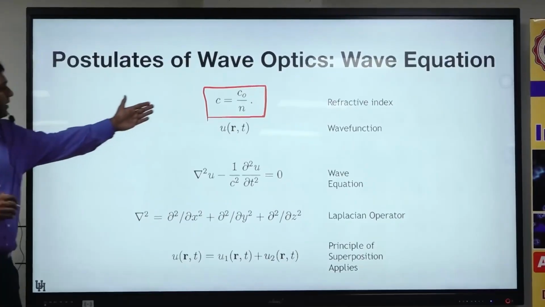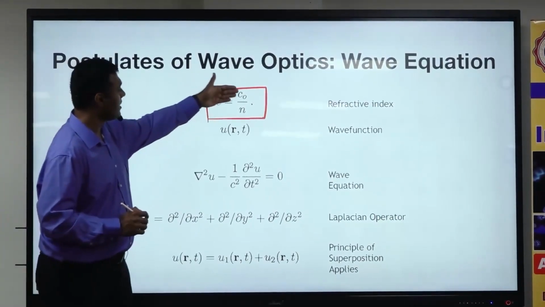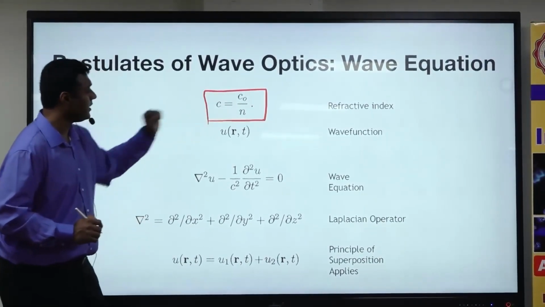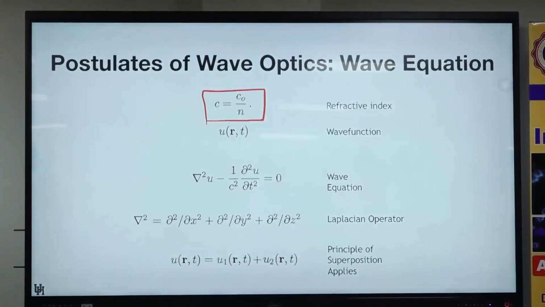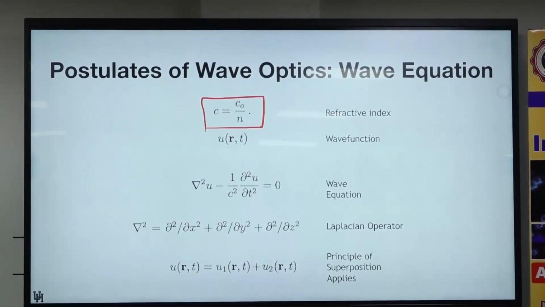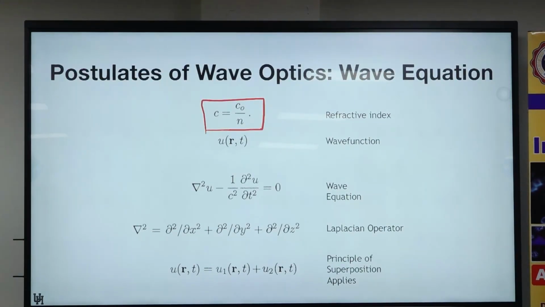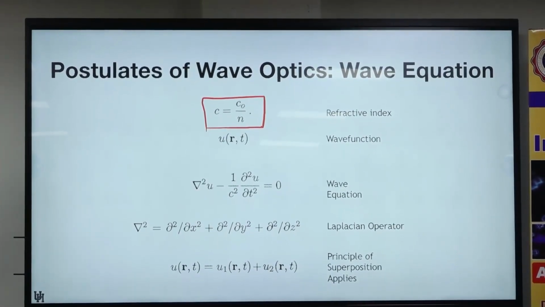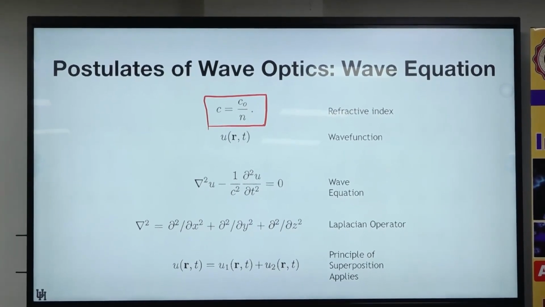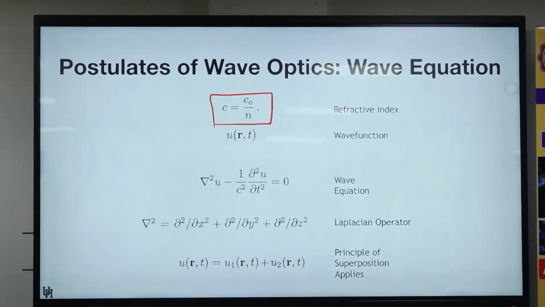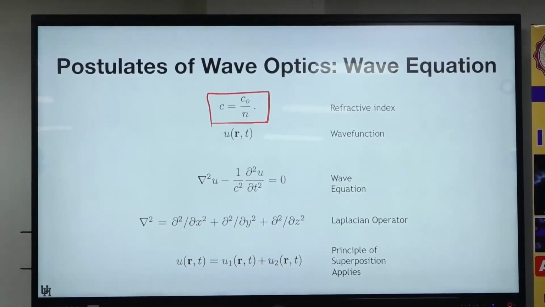Typically, n is greater than 1 for most media. There are special materials called metamaterials where n can be less than 1 or even 0. That's a topic for another discussion, but for most real world materials that we will encounter, n is greater than or equal to 1.